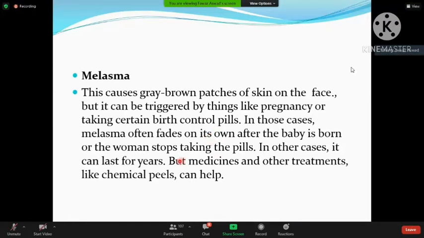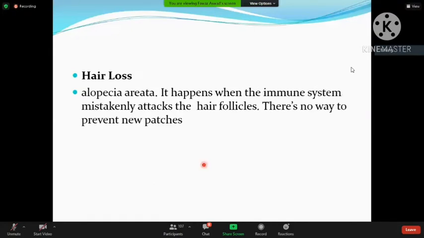In other cases, it can last for years, or sometimes it won't disappear. Even during the extra-oral examination, you could see that there will be hair loss. This is what we call alopecia. And this type of patient may complain from impaired immune system.